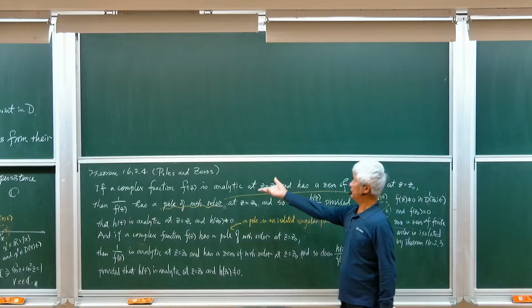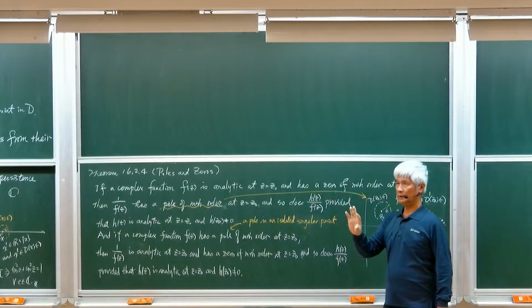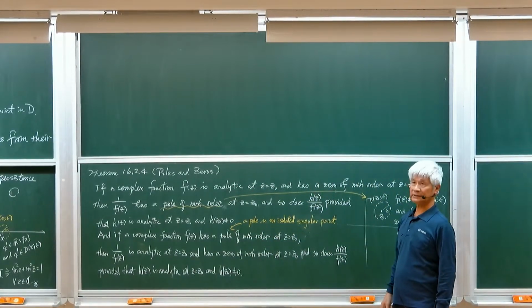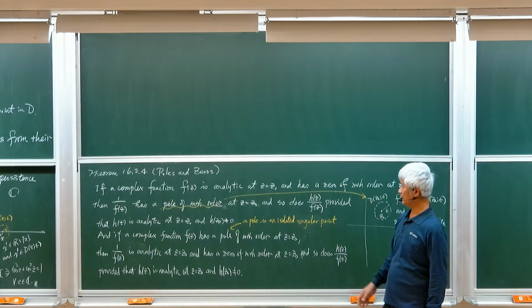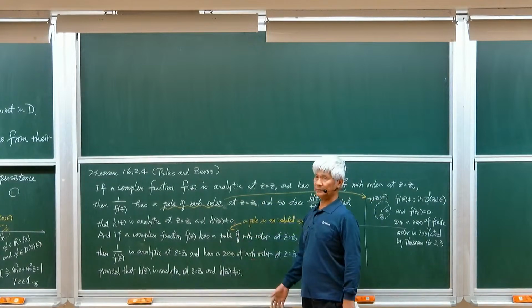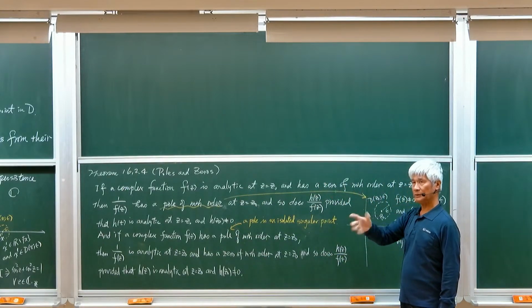So this is about the exchange of poles and zeros by taking reciprocals of functions. A very nice theorem in practice.